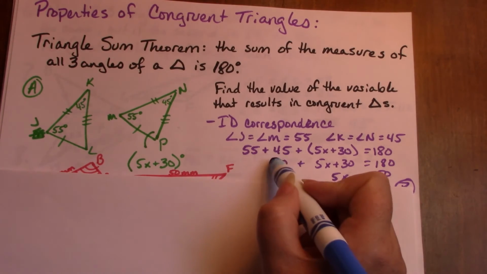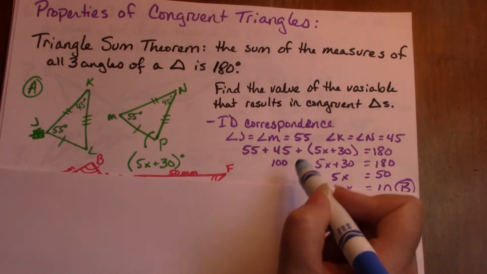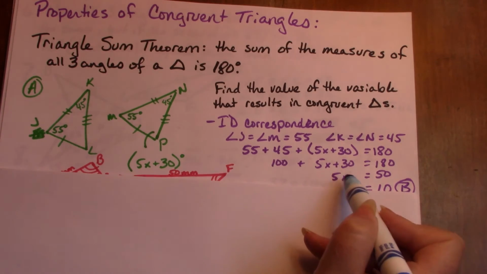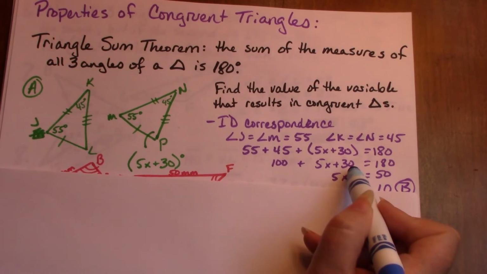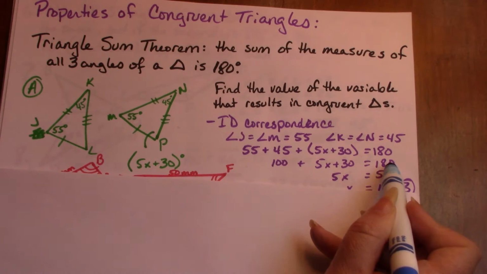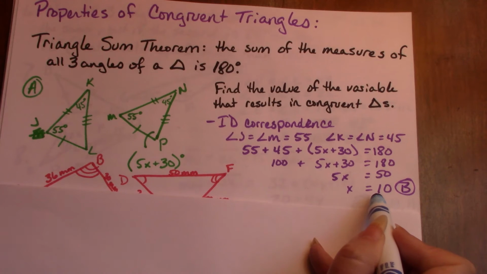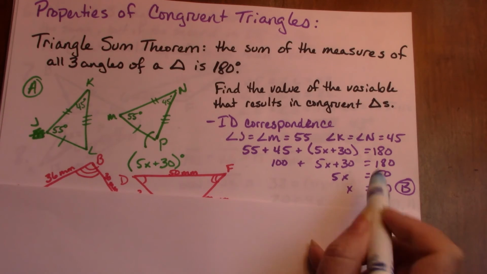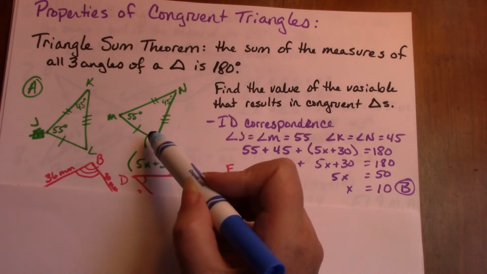This is 100 plus this equals 180. So if we added 100 plus 30 and subtracted it from 180, we end up with 5x equals 50, so x equals 10. 10 is the value of the variable that results in congruent triangles.